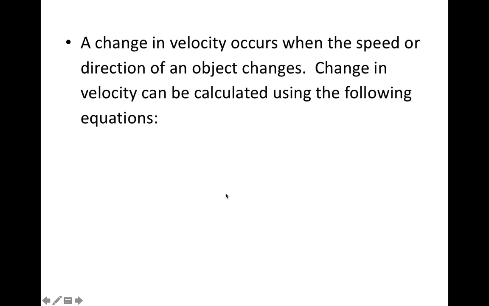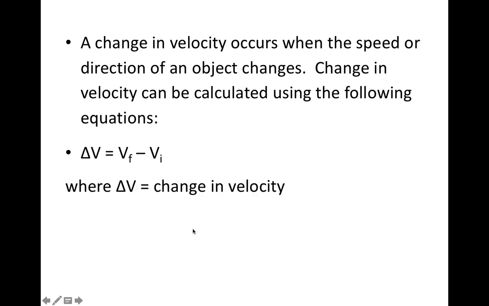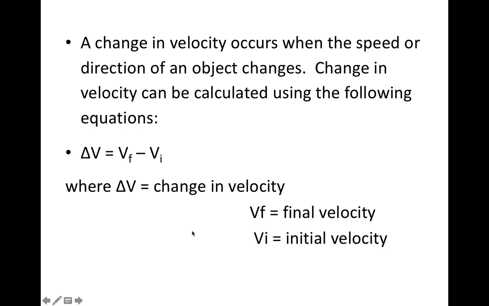A change in velocity occurs when the speed or direction of an object changes. Change in velocity can be calculated using the following equation: delta v equals v final minus v initial, where delta v equals change in velocity, Vf equals final velocity, and Vi equals initial velocity.